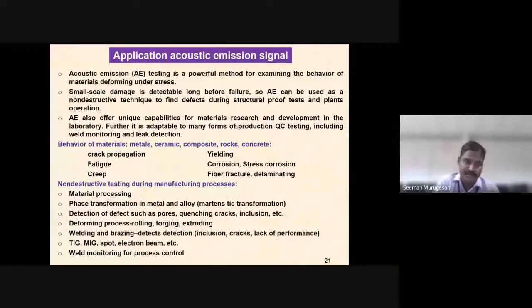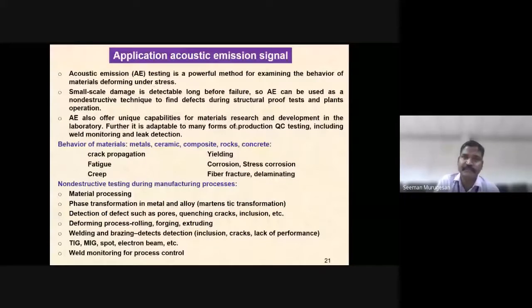But I give two important applications related to mechanical engineering. Acoustic emission testing is a powerful method for examining the behavior of material deforming under stress or loading, and it can monitor the quality. Small-scale damage is detectable long before failure, which avoids accidents or breakage.